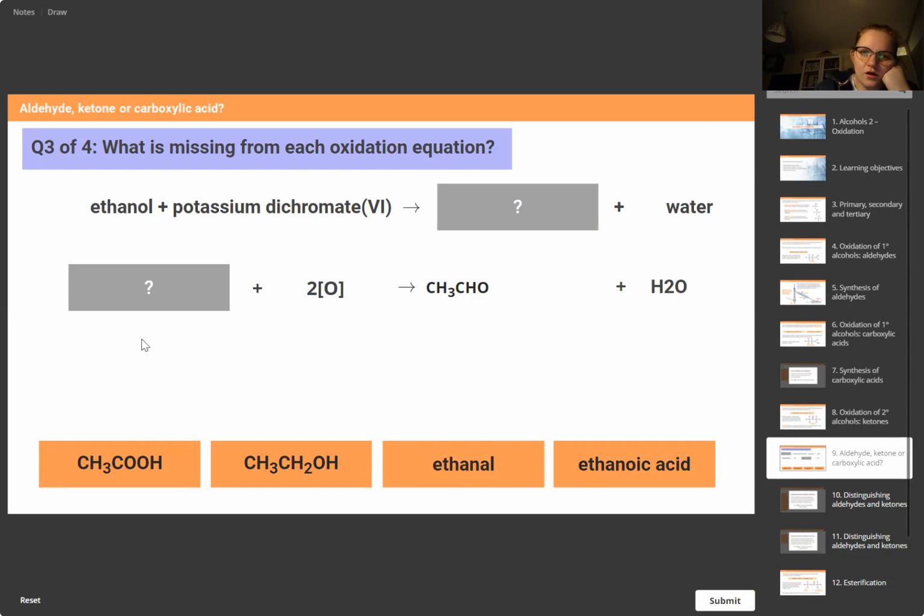So we've got ethanol and potassium dichromate forming something and water. Let's have a look at what this something is. We've got CH3CHO and water. So we haven't got a carbon double bond oxygen with an OH, so it's not going to be a carboxylic acid.